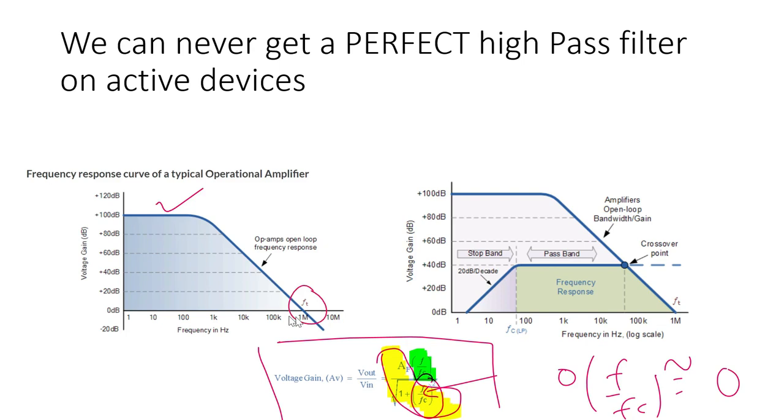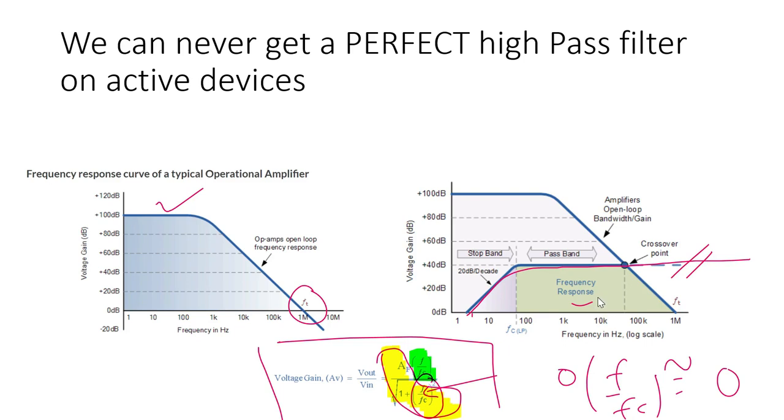It has an Ft, the total terminating frequency, and after this the graph will touch the 0 dB axis. So if we have such an amplifier and we pass a high frequency signal to it, the upper band would be deleted from it, and we will only have such a response.